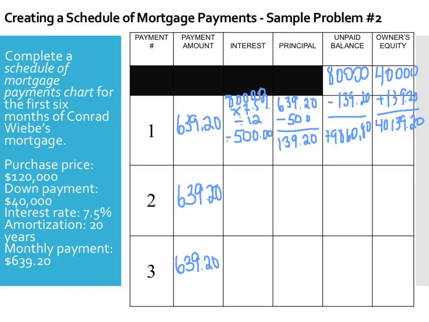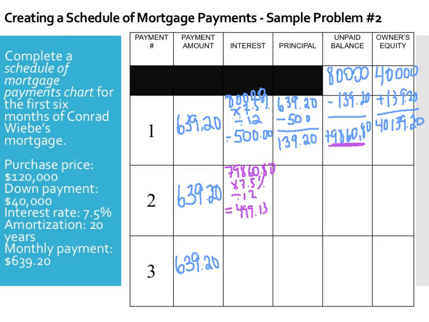To go to the next month, again I'm going to start off by doing my interest. I'm going to use the previous month's unpaid balance, so now I need to use this amount for my second month: 79,860.80, times 7.5% again, so this part doesn't change, and then divide by 12. That gives us 499.13.